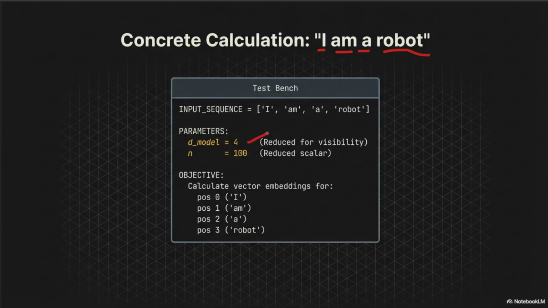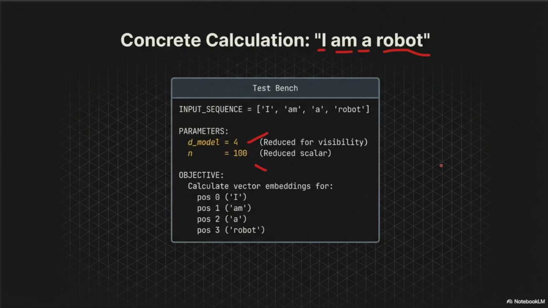This means each position will have a vector of 4 numbers, and we will set our scalar n to 100. Since d is 4, we have 2 pairs of frequencies. Dimensions 0 and 1 will use i is 0. Dimensions 2 and 3 will use i is 1.